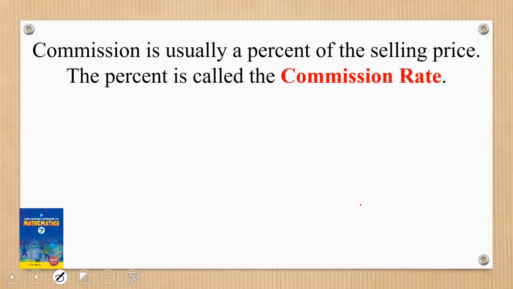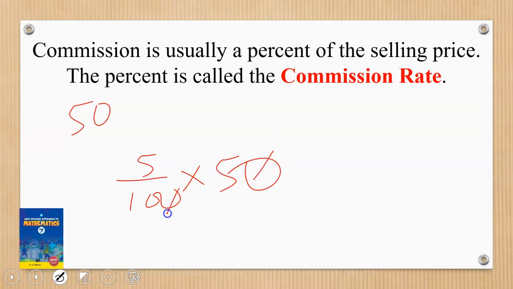So commission is usually a percent of the selling price. Assuming you sold 50 cedis and I'm giving you 5%, I do 5 over 100 times 50 cedis. Per the calculation, I have to give you 5 over 2, so 5 divided by 2, which is the same as 2.5 cedis. That is, if you sell 50 cedis, I'll give you 2.50 cedis.